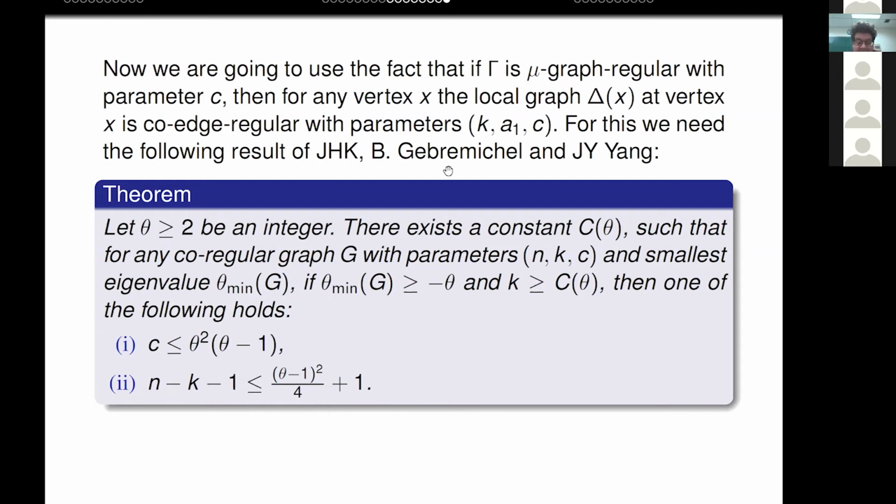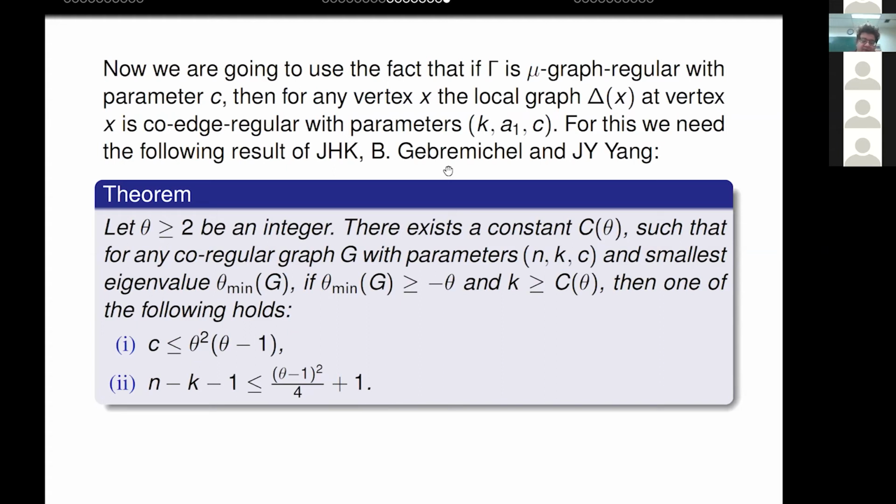Either c is very small or k is very close to n. And the second case really occurs, so this is really sharp. In the second case, it follows from the Ramanujan graphs as constructed by Marcus, Spielman, and Srivastava.